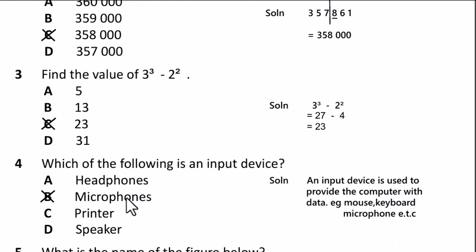Question 4. Which of the following is an input device? An input device is a device which you can connect to a computer and it can be removed. It is used to provide the computer with data, for example a mouse, keyboard, a microphone, and many more.